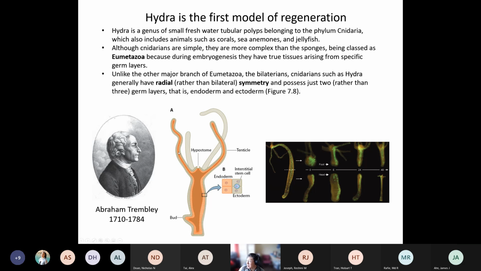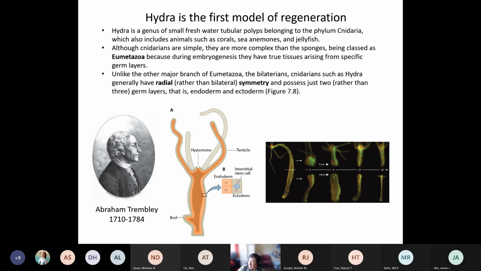You only have two cell layers. One is called the endoderm, the other is called ectoderm. The ectoderm is the outside layer, while the endoderm is the internal layer. Only two layers of cells will be the body wall of this Hydra.